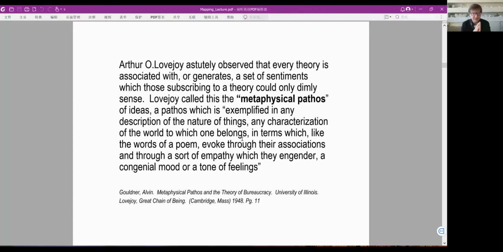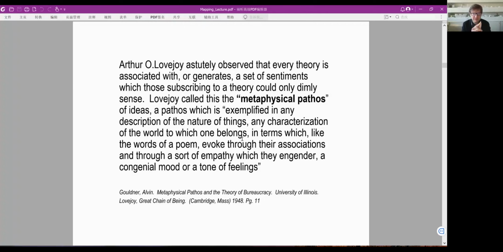So I have to give you a little background about the so-called metaphysical pathos. It goes back to someone called Lovejoy. He observed that every theory generates a set of sentiments which those who subscribe to the theory could only dimly sense.